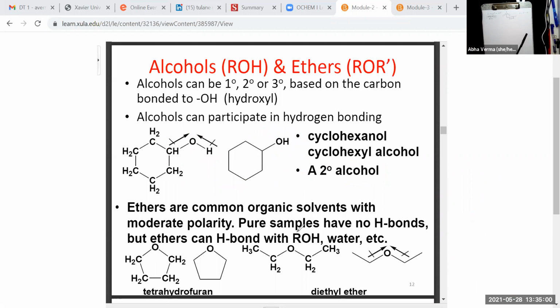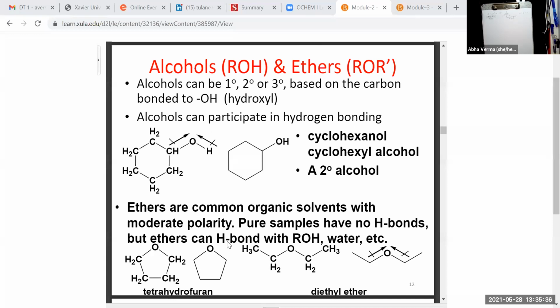Ethers, on the other hand, are common organic solvents. Most of the reactions that we will see towards the end of the course will have some form of ether. Why? Because our alcohols have a great polarity associated with them. But on the other hand, your ethers, because this hydrogen is missing, there is no hydrogen bonding forming, so they are easily released from the reaction system.